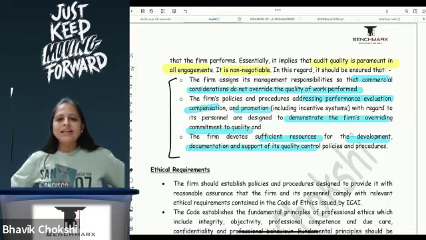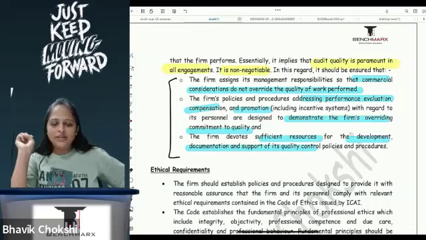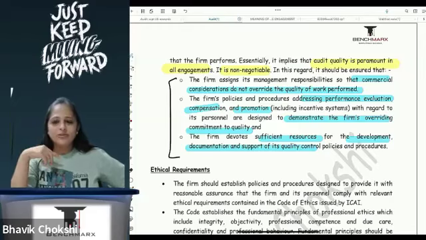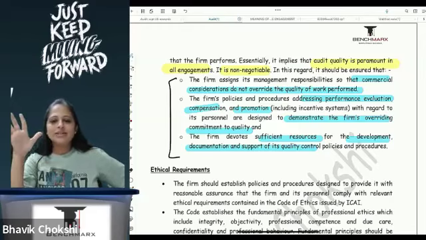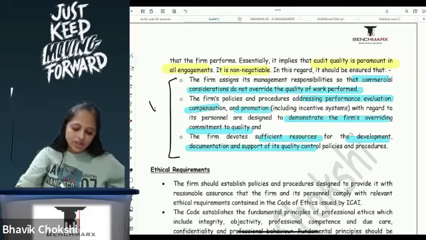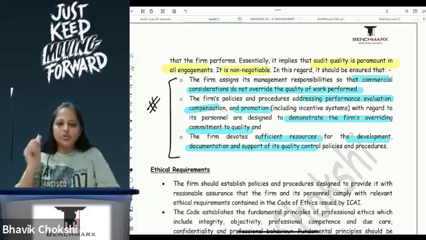In quality control, three things I am taking into consideration are: my commercial considerations should not override quality, my compensation, and this. Here the commercial considerations are overriding the work performed, and hence in such a case this particular assignment should not be taken. We will have to answer it that way. So these 3 points are very important, and you should remember them.